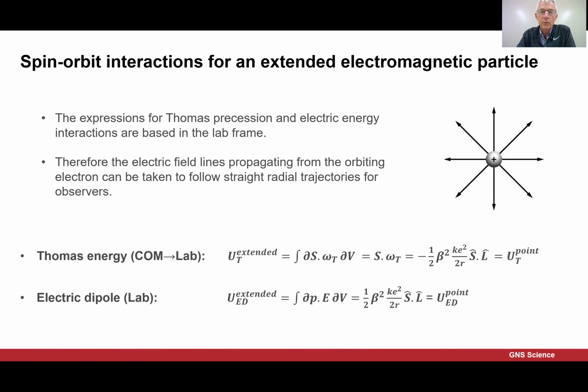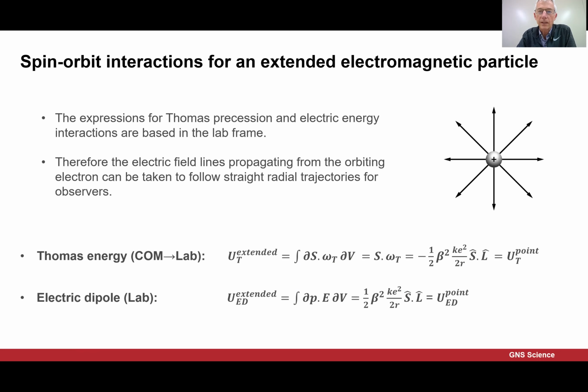And when we consider the extended electromagnetic mass of an electron in orbital motion, then for the Thomas and electric dipole interactions, these were based in the lab frame, and in the lab frame the electric fields are radial and straight.